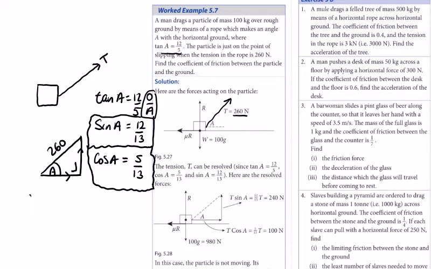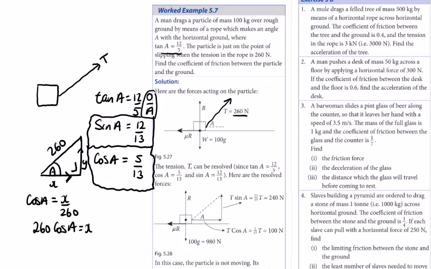So we can say that the cos of A is equal to, I'm going to call this one X and this one Y just for now. Cos A is equal to X over 260. So 260 by the cos of A is equal to X. And you can see that the adjacent is going to be cos.